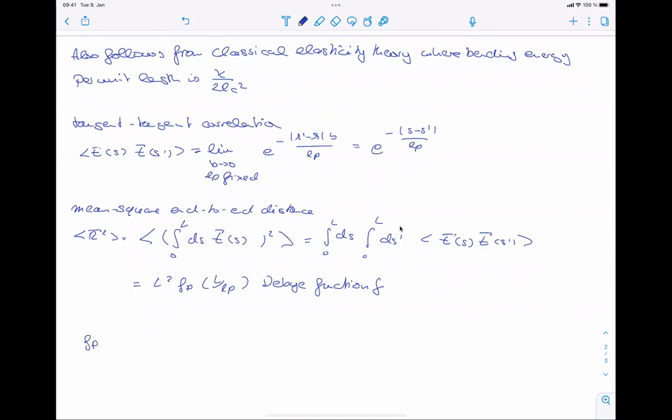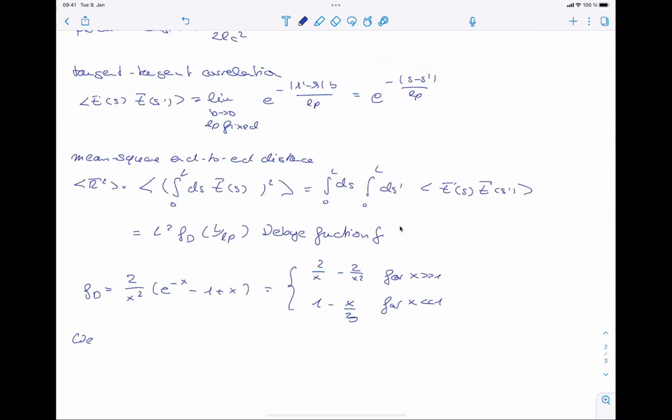Just revisiting this Debye function, that's a small d, not a p, sorry. Being defined as 2 over x squared times e to the minus x minus 1 plus x. Having the limiting behaviors as being an inverse function for x large and a linear expansion in x with a factor of 3 for x small.